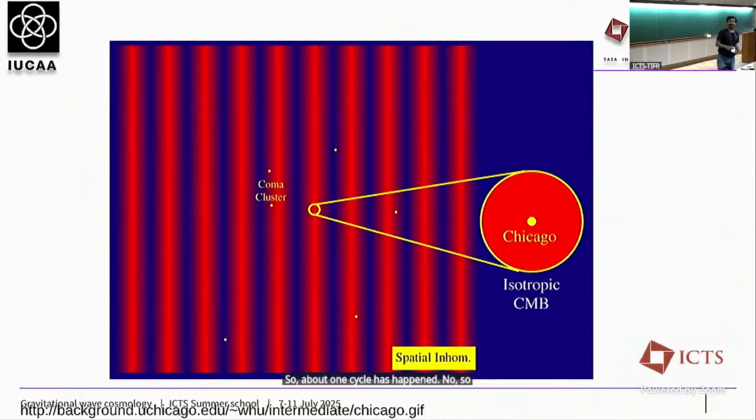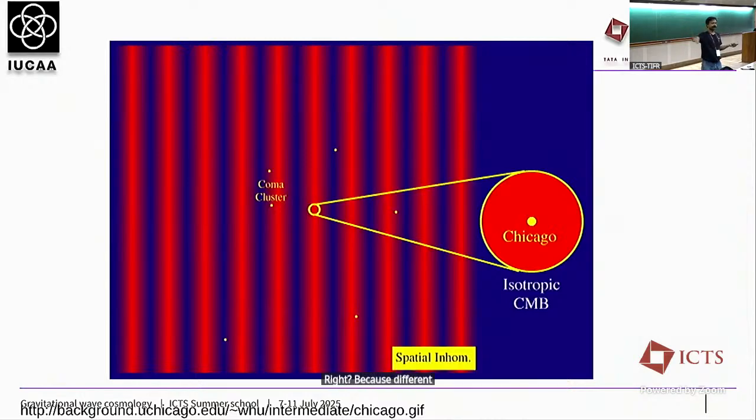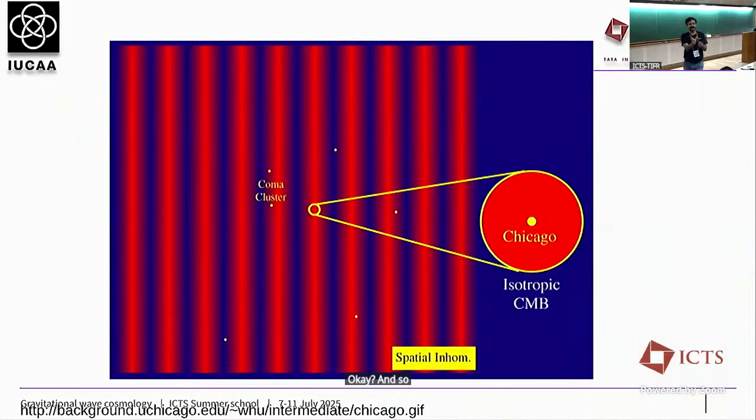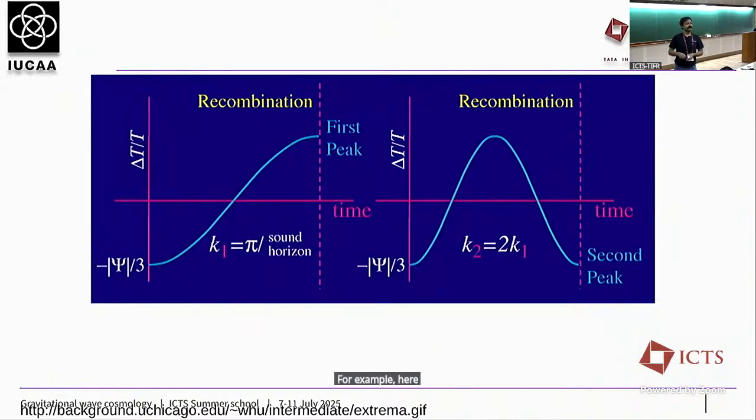How many cycles have happened will depend upon the wave number, because different fluctuation modes will fluctuate with a different time scale. There will be only certain modes which undergo half a cycle, for example, here, and some which undergo one full cycle. But that depends upon the wave number.